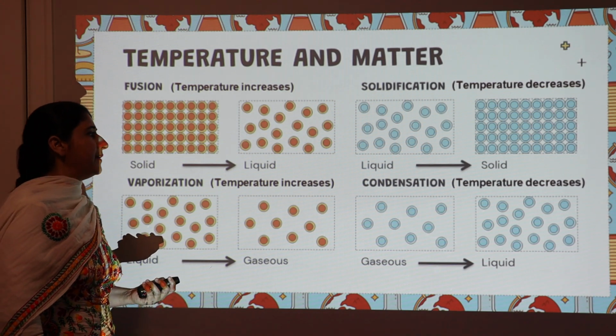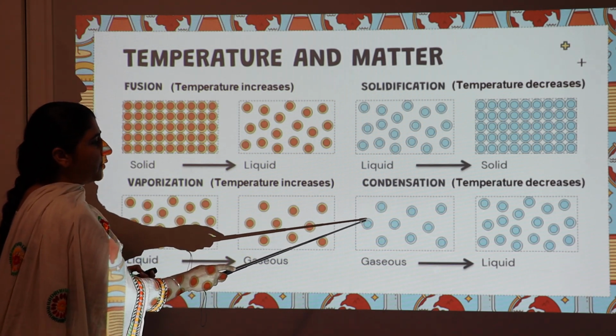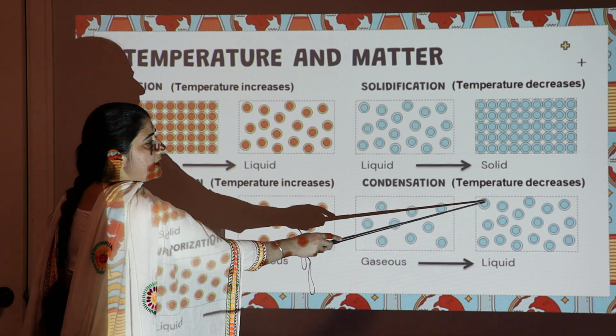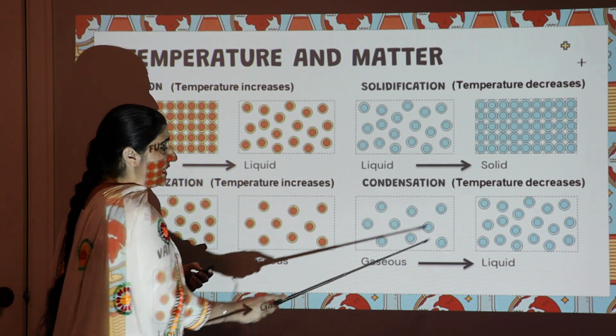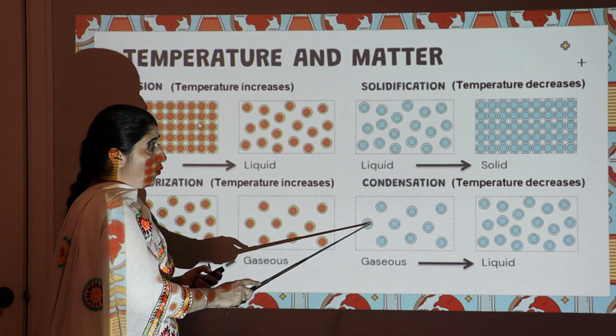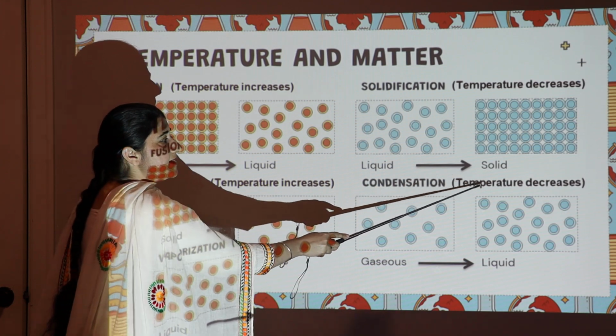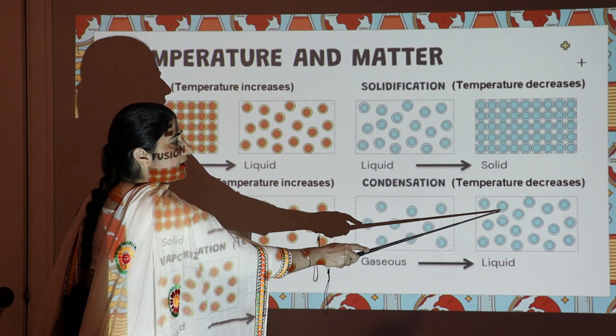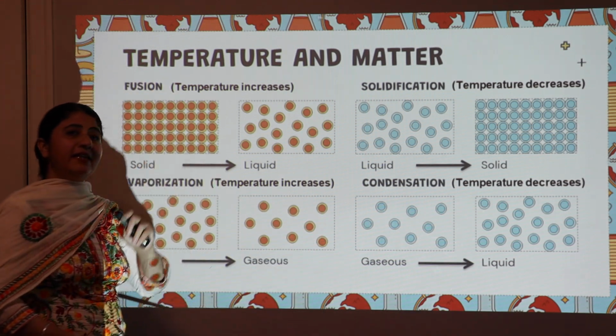On decreasing the temperature, the particles come closer, means the distance between the particles decreases. It means in the initial state the particles are very far away from one another, but on decreasing the temperature, the particles come closer, thereby releasing heat.